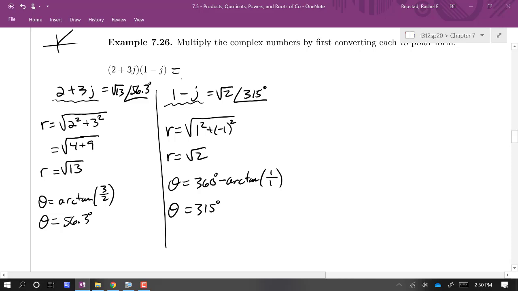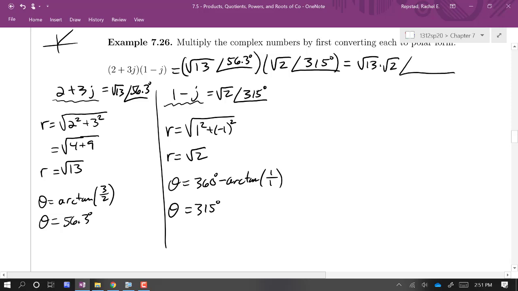So now if I'm finding this product, this is root 13 at 56.3 degrees times root 2 at an angle of 315 degrees. I'm going to multiply the two r values and then add the angles.